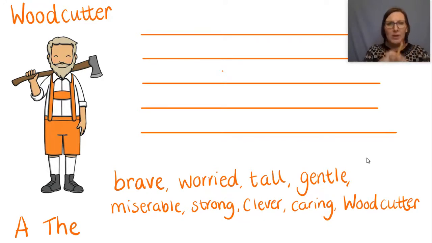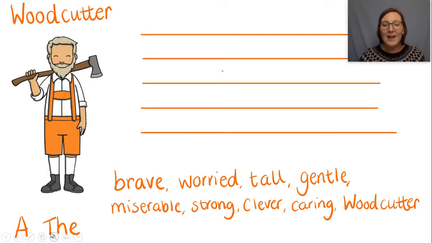This time, I want you to have a go first at writing two expanded noun phrases for the woodcutter. So you can use here our word bank, and here's our little bank for the determiners. And I want you to create two expanded noun phrases for our woodcutter. Can you do that now for me? Pause the video, have a go.